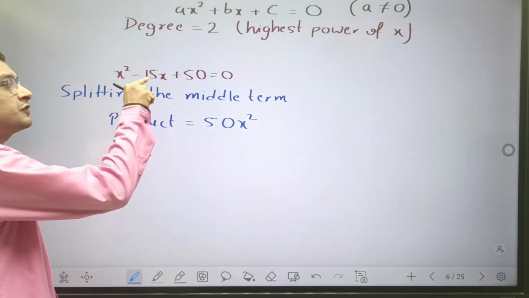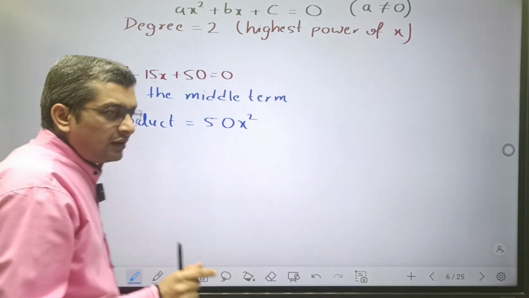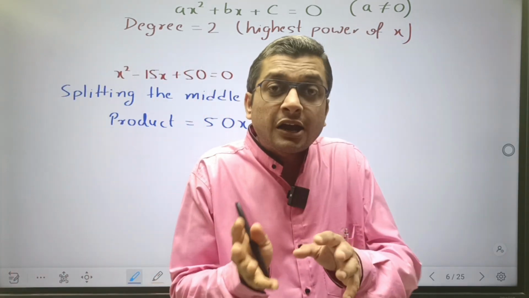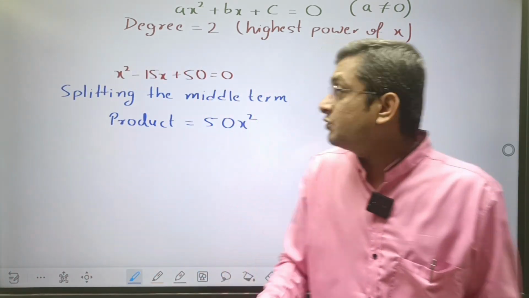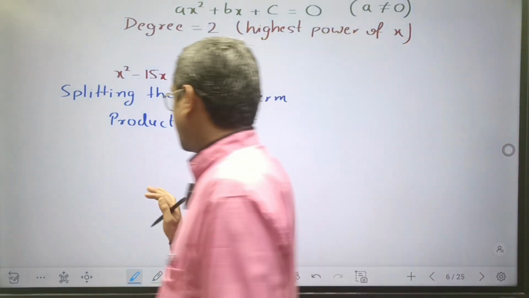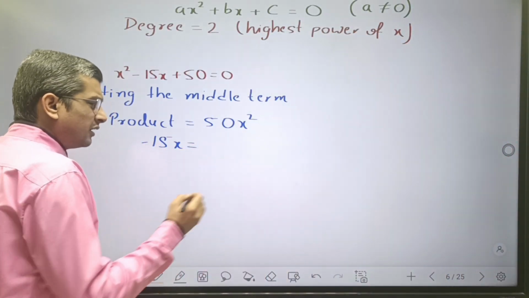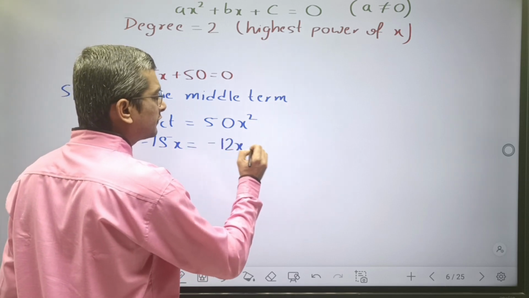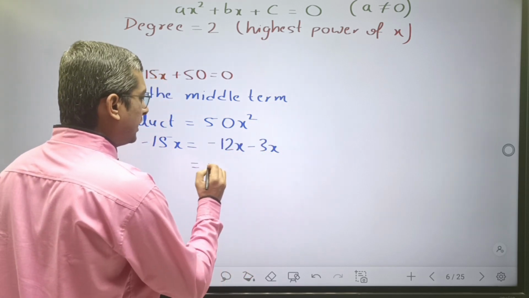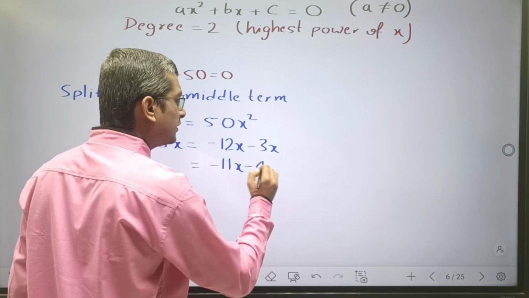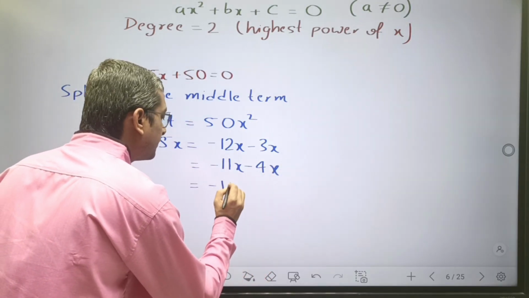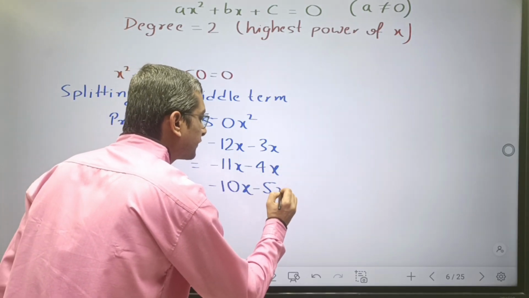We have to split the middle term so that the two terms we get after splitting have a product equal to 50x square. So minus 15x can be written as minus 12x minus 3x, minus 11x minus 4x, or minus 10x minus 5x.